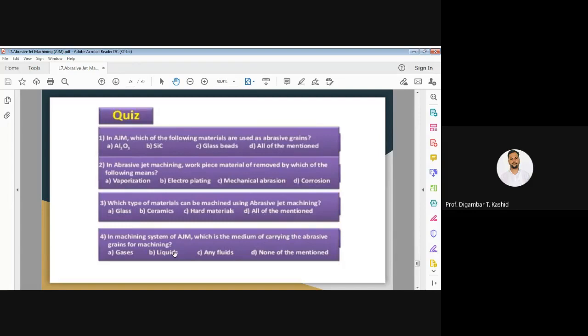Here, the first question I have written: in abrasive machining, which of the following materials are used as abrasive grain? We have just covered this point, abrasive grains. The options I have given are Al2O3, that is alumina or aluminum oxide, then SiC, silicon carbide, then glass beads, and all of the above. Which answer is correct?